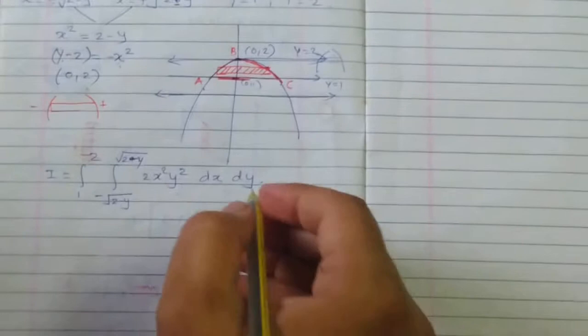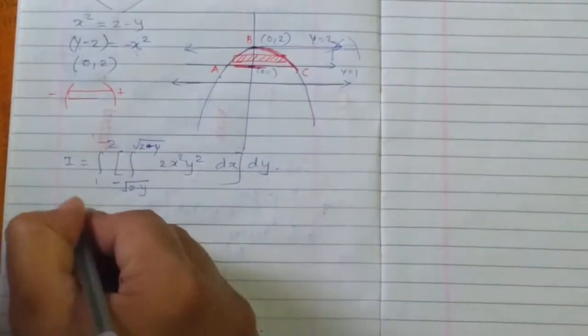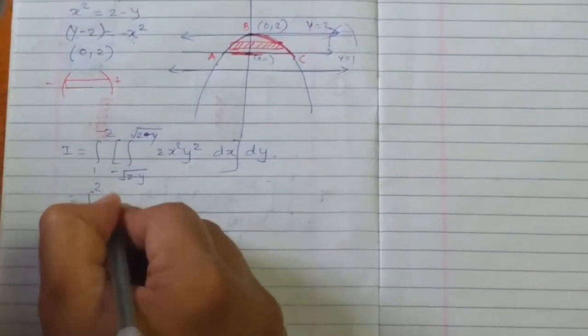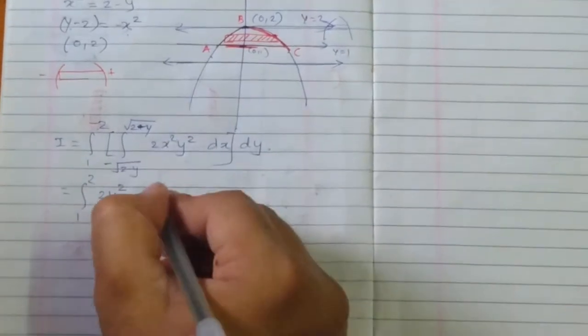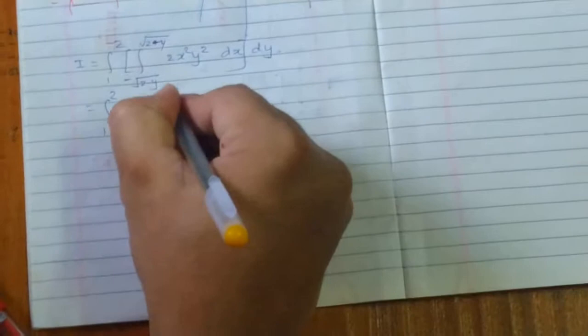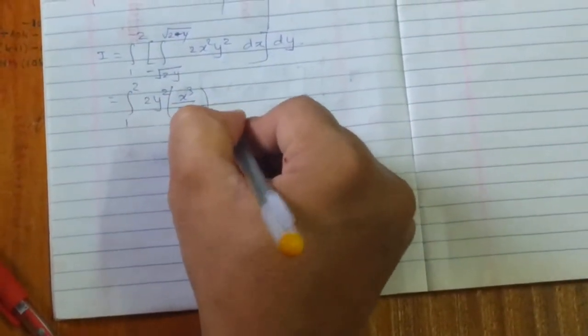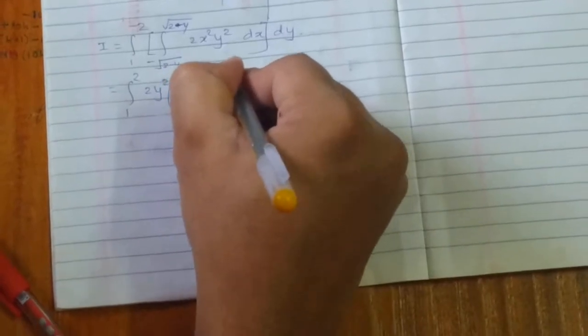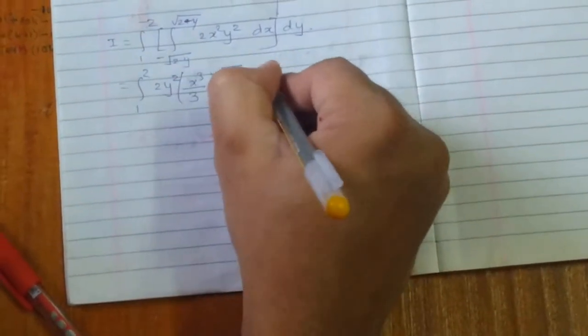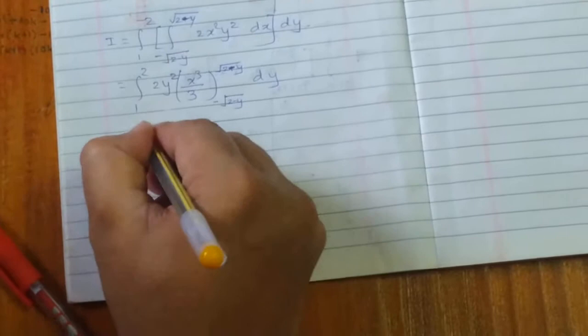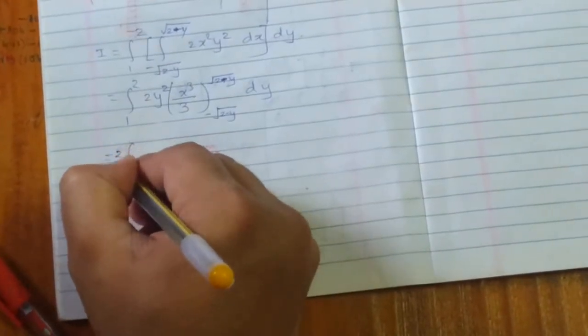As I'm integrating with respect to x first, 2y square is a constant term, keep it as it is. Integration of x square is x cube by 3. Limits from minus square root of 2 minus y to plus square root of 2 minus y.